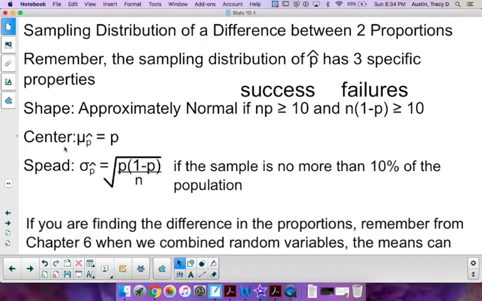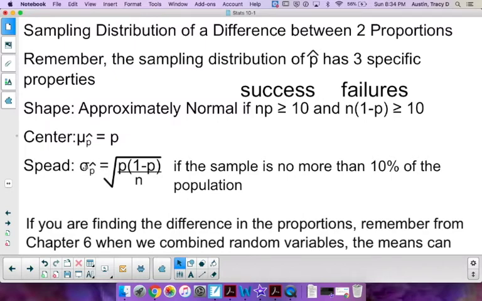Remember please that the center of the sampling distribution of p hat was equal to p, the population proportion. That was why we were always able to do the testing we have.